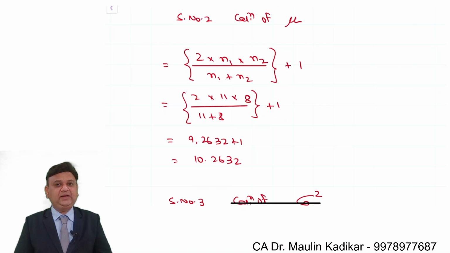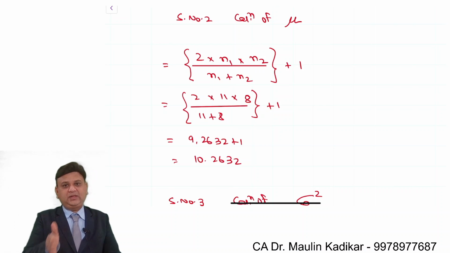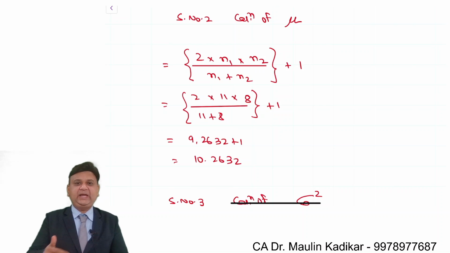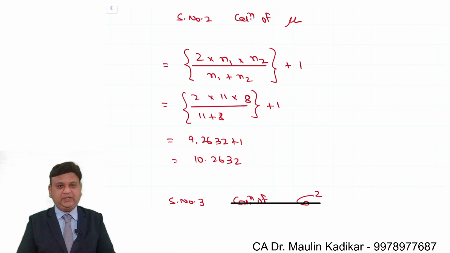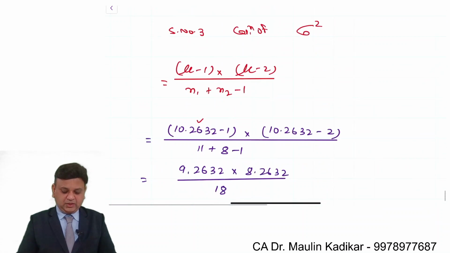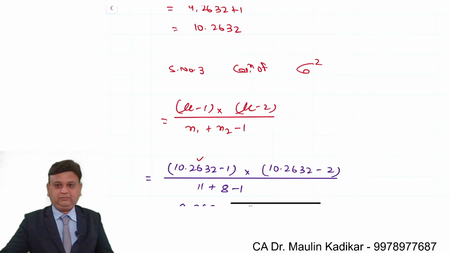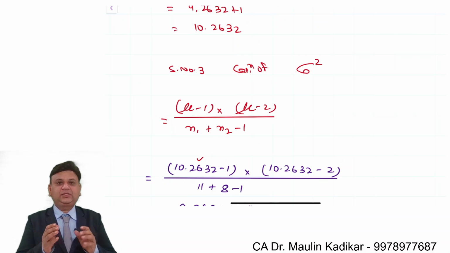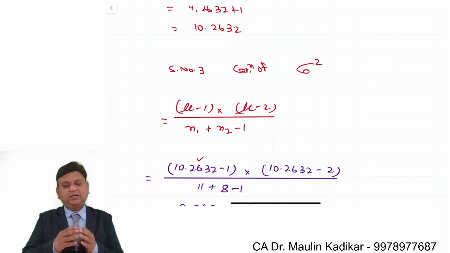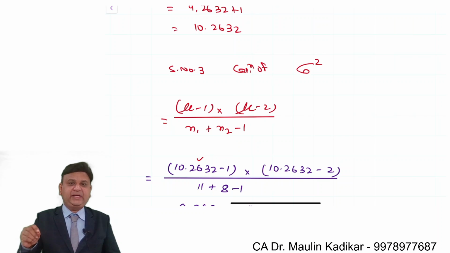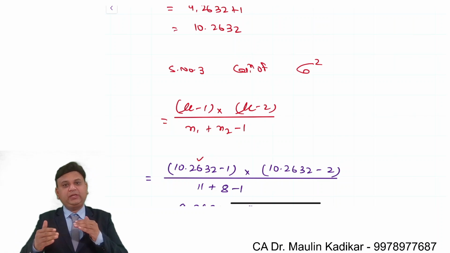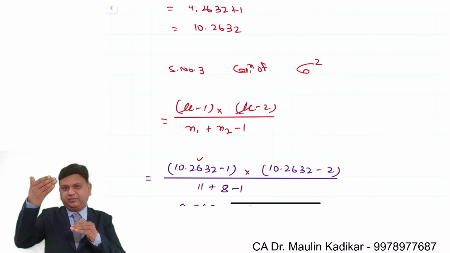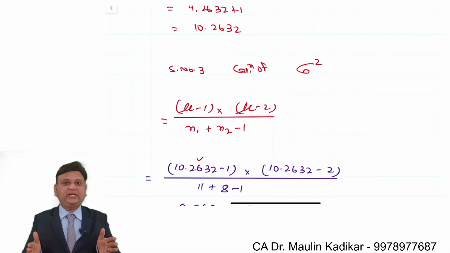Step number 2 will be calculation of the mu, that is x bar. It is 2 into N1 into N2 divided by N1 plus N2, whole plus 1. So basically, the theory says that the uninterrupted sequence of the price change, that is R, should not be too high, it should not be too low in this 20 time period.